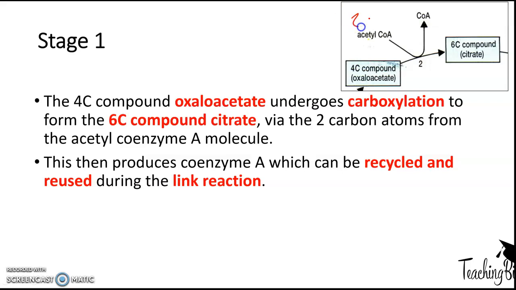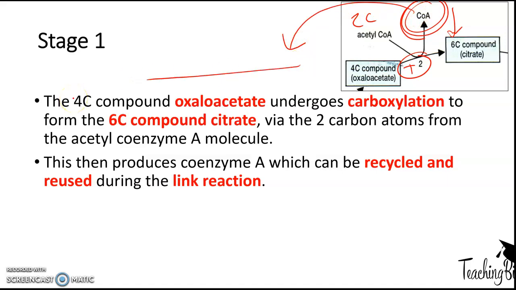So acetyl-CoA, again 2 carbons, comes along, 4 + 2, we get 6. This then produces coenzyme A, which is left out, and this can go back and be recycled back into that link reaction to form even more acetyl-CoA.